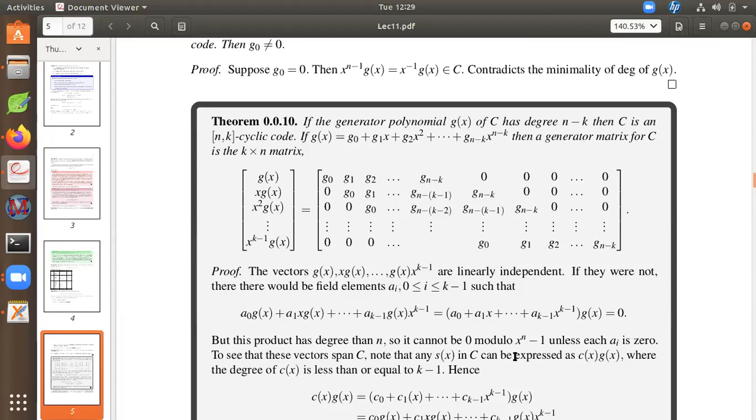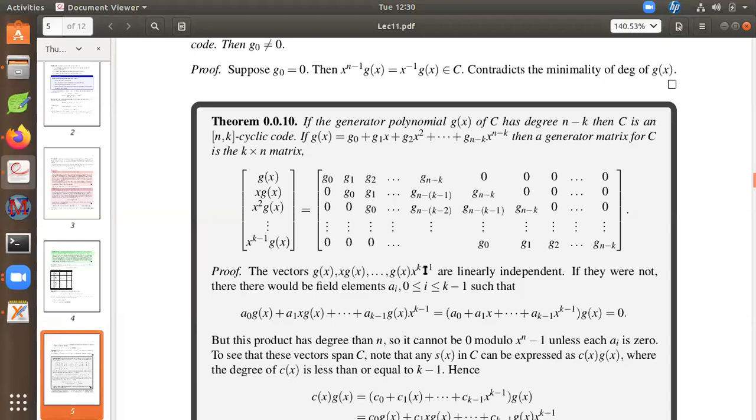You know how to show linear independence: you take the scalar linear combination equal to 0 and show that all the scalars have to be 0. That is what I'm doing. Proofs are simple and straightforward. Is it okay, Karnika? Yes, sir.